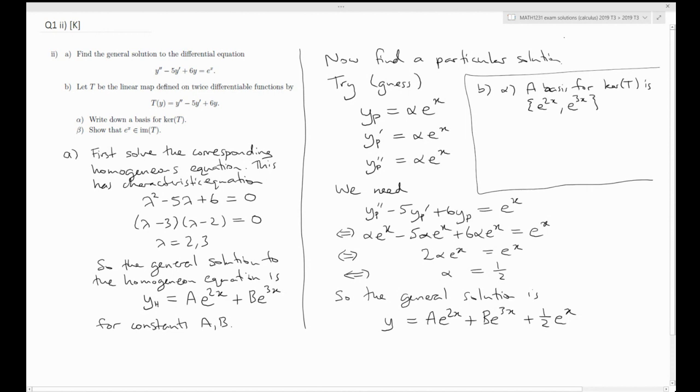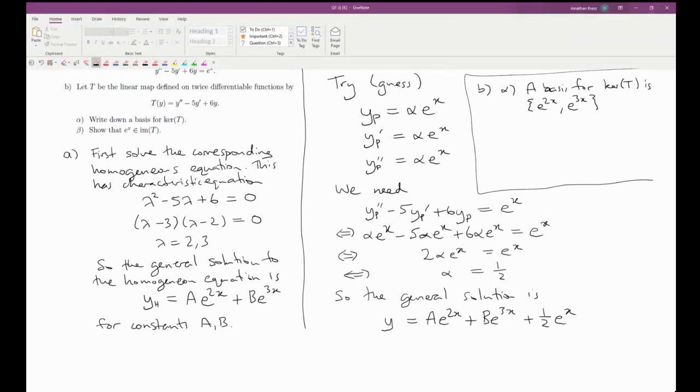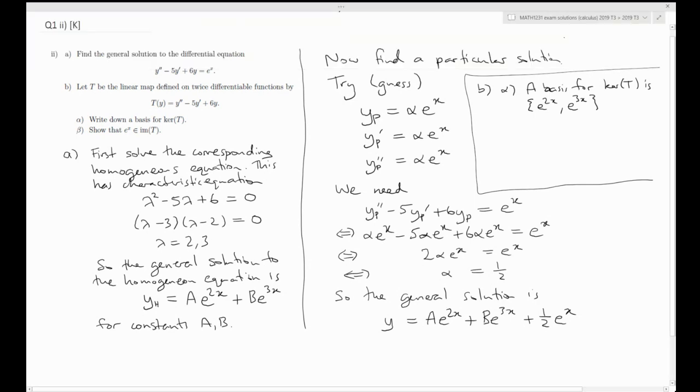And this is a set of two things. Where do e to the 2x and e to the 3x come from? Well, we said that all of the solutions to the homogeneous equation are a linear combination of e to the 2x and e to the 3x. So that's exactly what we need for a spanning set, and a basis is a minimal spanning set.